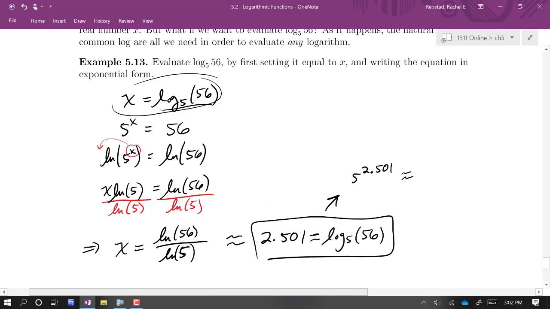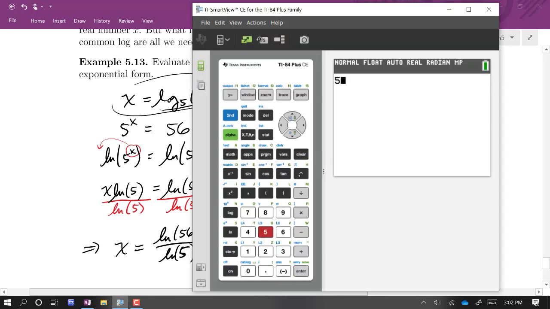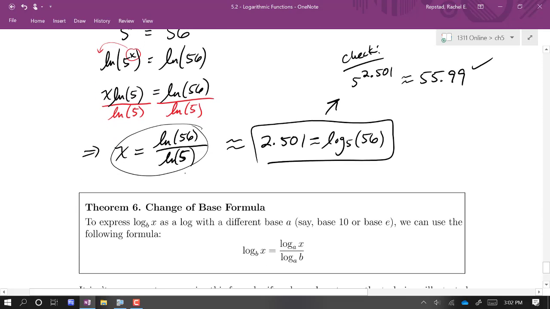I did that wrong. 5 to the 2.501. There we go, 55.99. So there's our check. This fraction right here is exactly what we would get if we used the change of base formula and decided to write it as a base e.